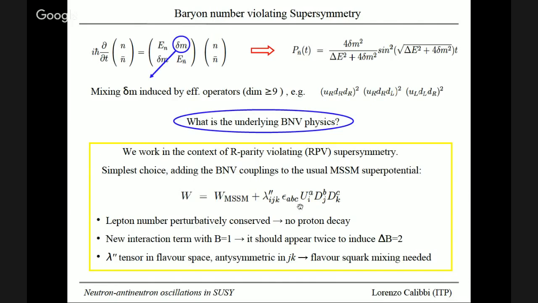We can see that these terms do not vanish only if these 2 fields are different, namely if the flavor indices of these two quarks or squarks are not the same. In other words, for the terms inducing baryon number violation, we require flavor mixing, flavor violation too.